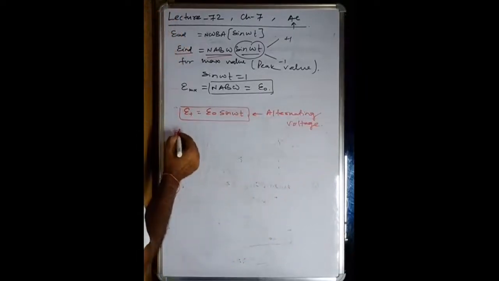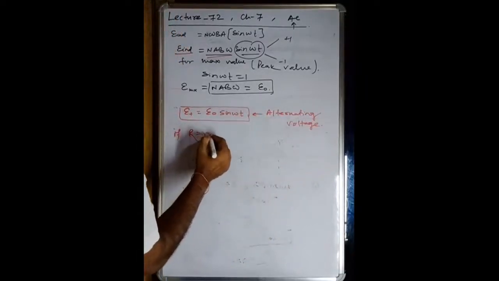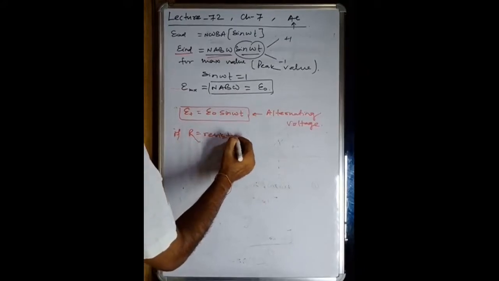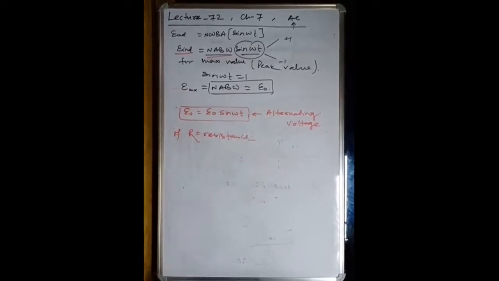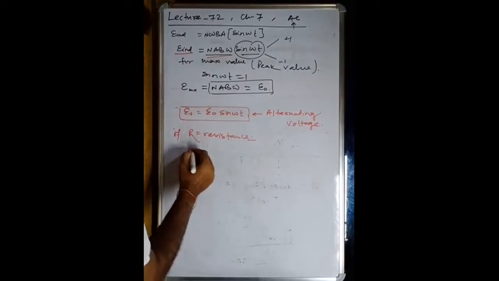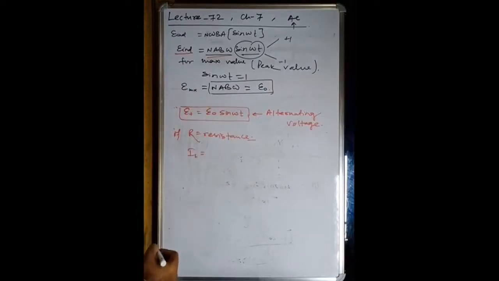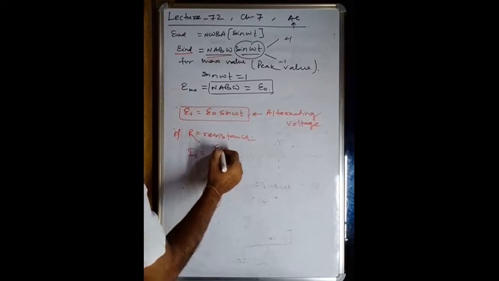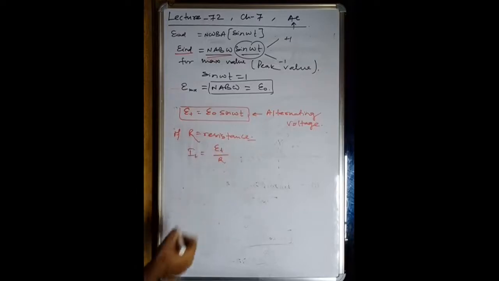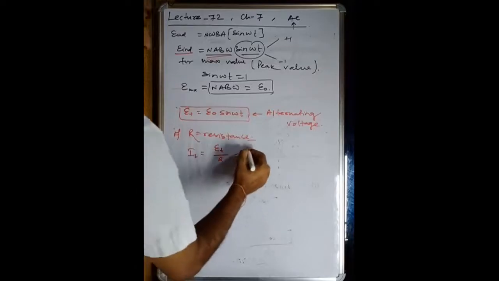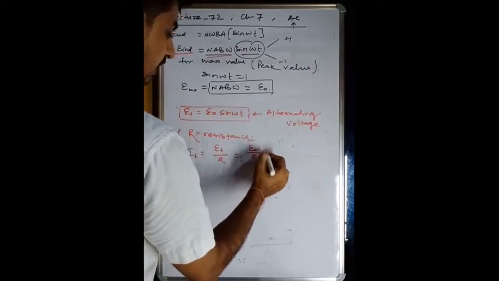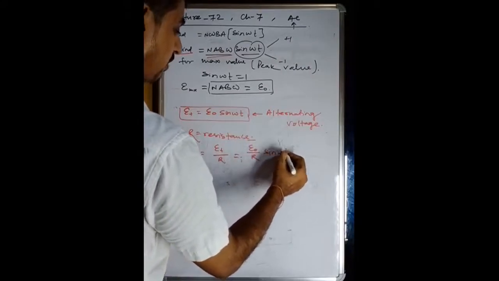If R is the resistance of that coil which was rotating, then we can write I instantaneous is E instantaneous divided by R, and it is nothing but E naught by R sine omega t.